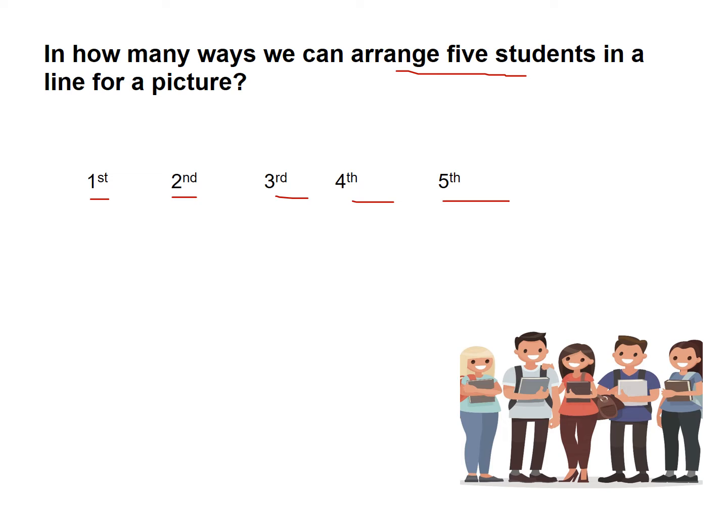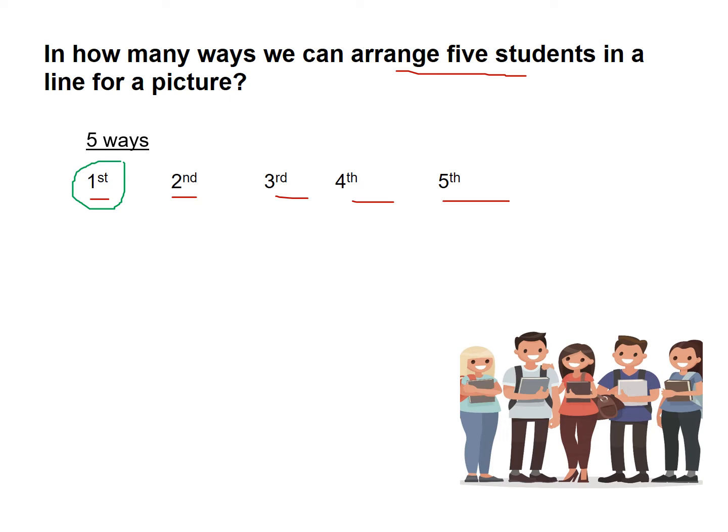We need to arrange all of the students in these positions. For the first position there are 5 options. You can make the first one stand here, or the second, or the third, or the fourth, or the fifth. So there are 5 ways to fill the first place.